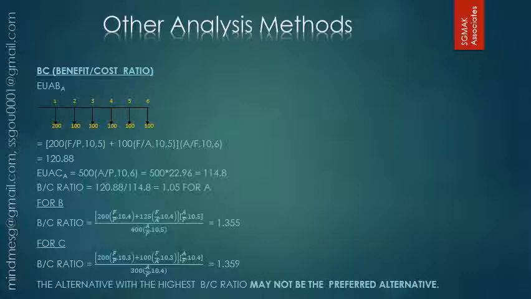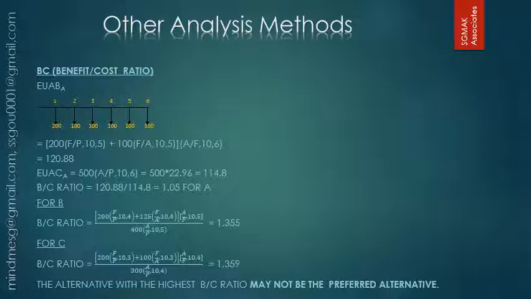So converting them, we can't use net present value here because they got unequal useful life. So you convert them into equivalent uniform annual value. So equivalent uniform annual value of benefit and equivalent uniform annual value of cost. So that we don't have to worry about the fact that they are of unequal life. So based on that, benefit cost ratio for A is 1.05.